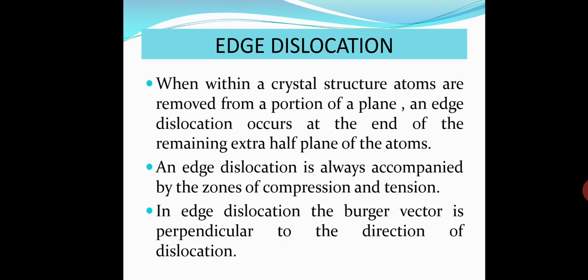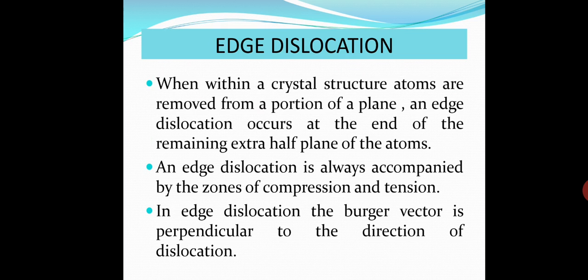So, we know crystal structure is a three-dimensional regular ordered pattern of atoms. So, from these three dimensions, if from a plane certain atoms are removed, by which the other atoms act as an extra half plane, then at the edge of this extra half plane, the dislocation or the disturbance or the disorderliness of atoms occurs.